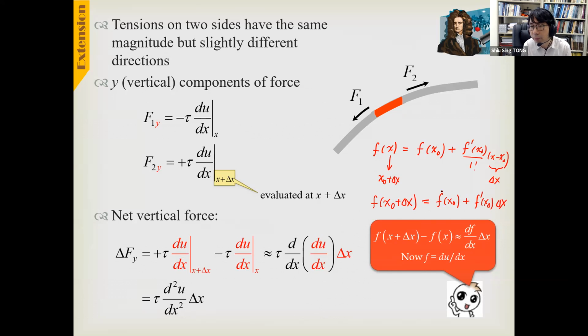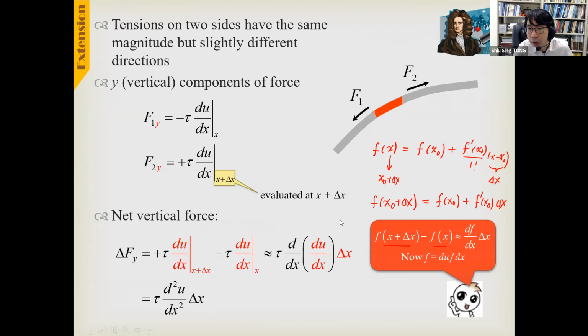Now, if I move this term to the left-hand side, this exactly becomes this, right? f of x naught plus delta x minus f of x naught, which is approximately equal to the derivative of f at the fixed point multiplied by delta x. Okay, so this is actually the Taylor series expansion up to the first order in the derivative.